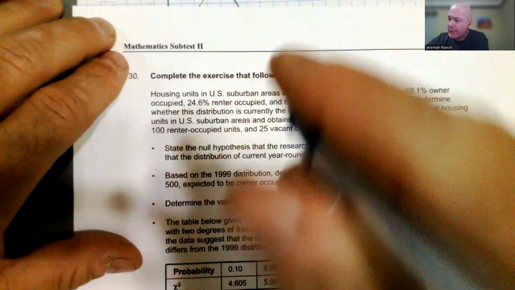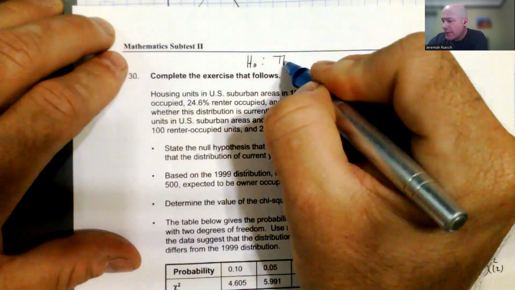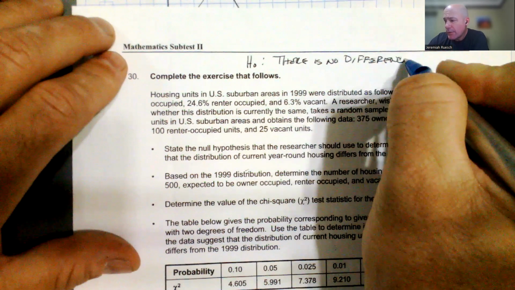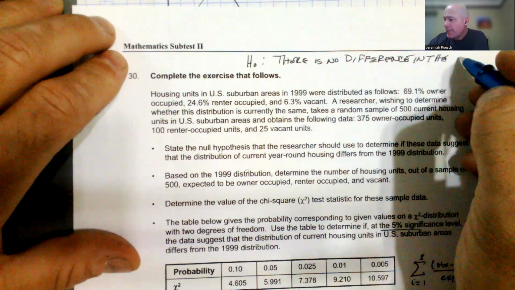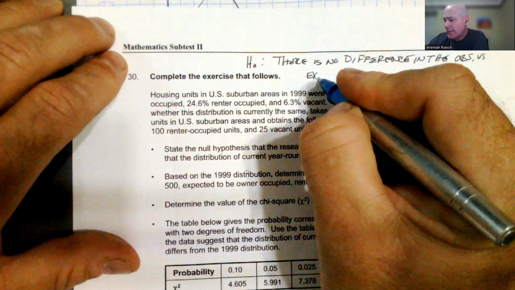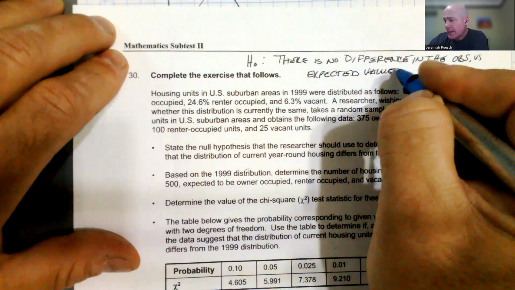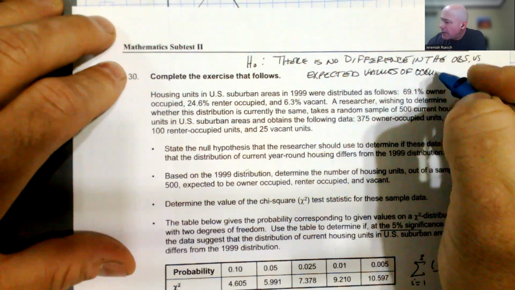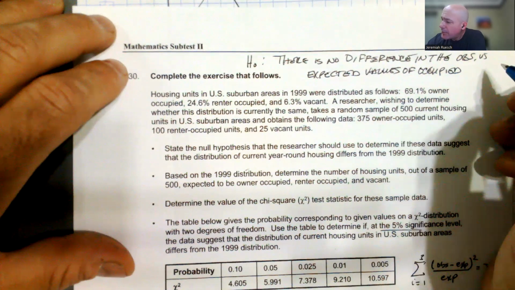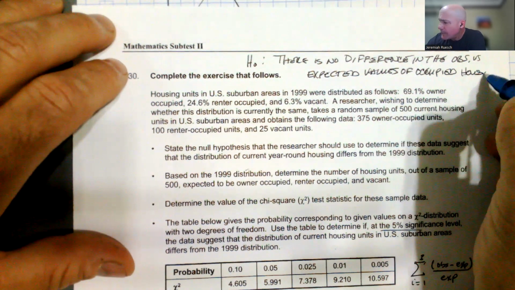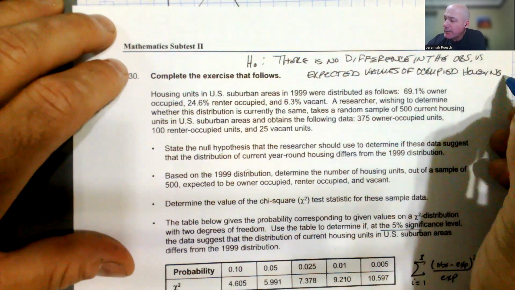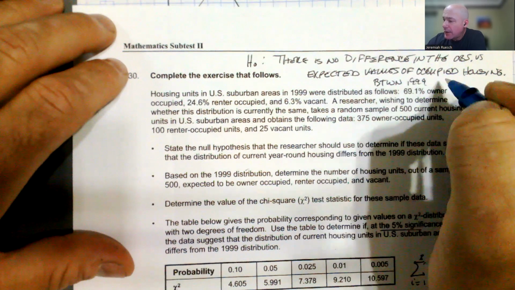So the null hypothesis for this one, H naught, is going to be there is no difference in the observed versus expected values of occupied housing between 1999 and now.